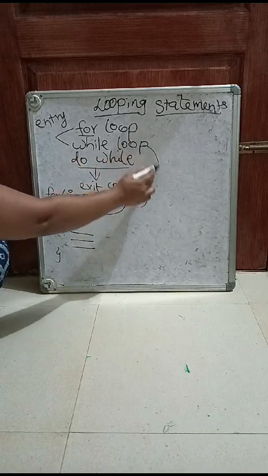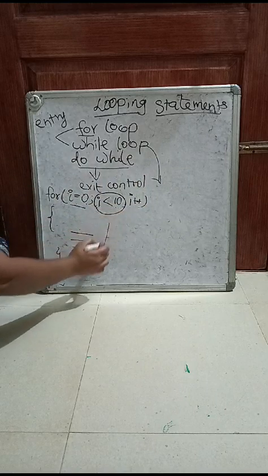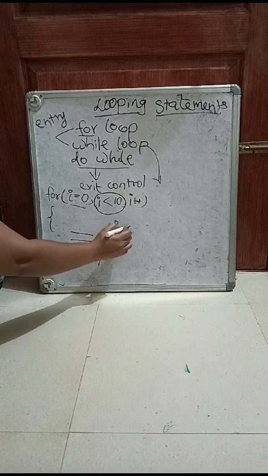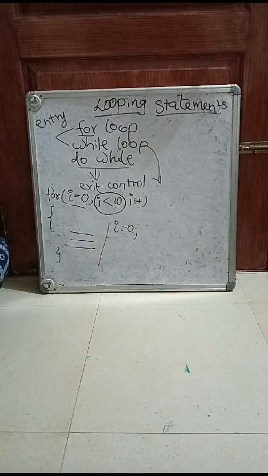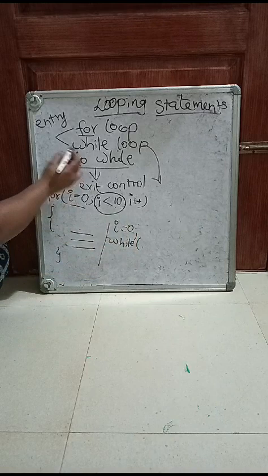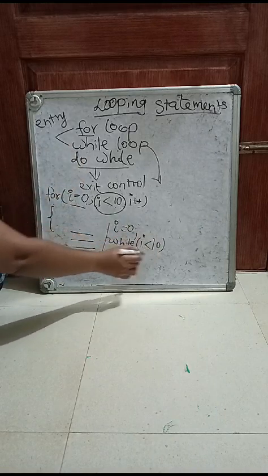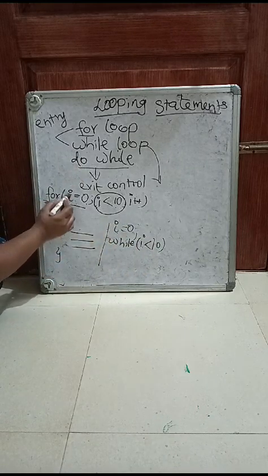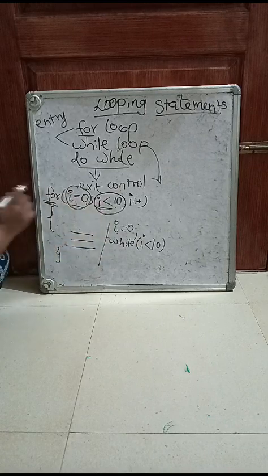Next we will see why I say the while loop is entry control. In a similar way, just as I initialized the value of i to 0, I do the same thing for the while loop. So i is initialized to 0. After that, I check the condition of the while statement as while i less than 10. If I am using a for loop, here I am initializing the value, and after that I check whether it is less than 10.